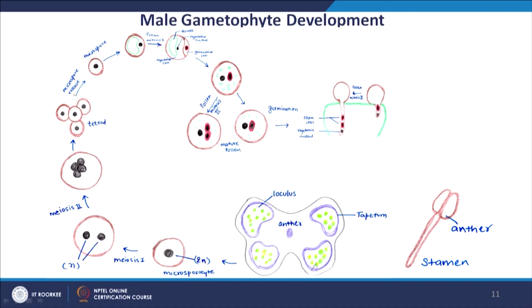These tetrads are released, and later on these microspores undergo another round of mitosis, and they generate 2 asymmetric cells. One is called the vegetative cell, another is called the generative cell. Later on the generative cell migrates inside and makes a kind of cell-within-cell appearance.